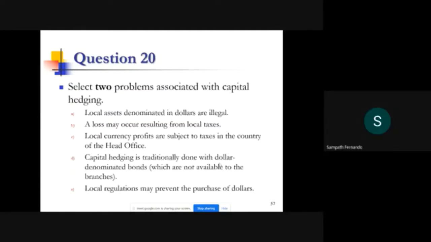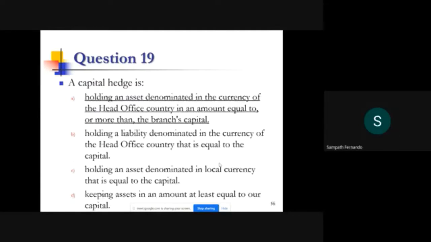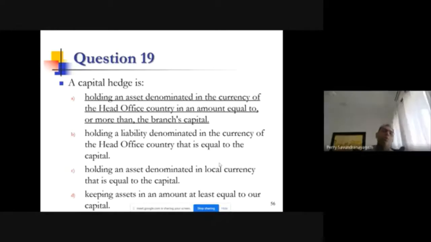It should be in head office currency. No point, if you have the asset also in the same currency, you're not balancing it off, no? If you give $200 to somebody, you have to have a $200 deposit to manage the risk.